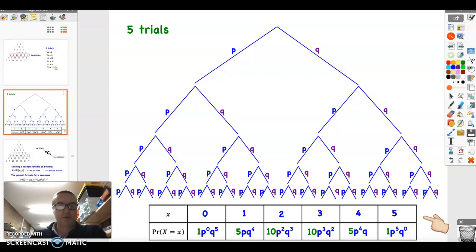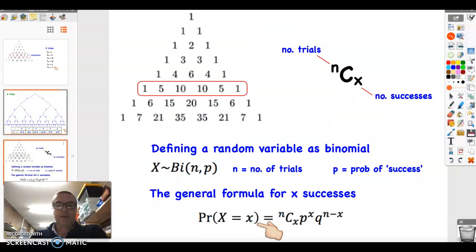So let's summarise this. First of all, we are talking about using coefficients that are based upon combinations. So our general term for the coefficient is NCX, where N is the number of trials and X is the number of successes we're interested in.